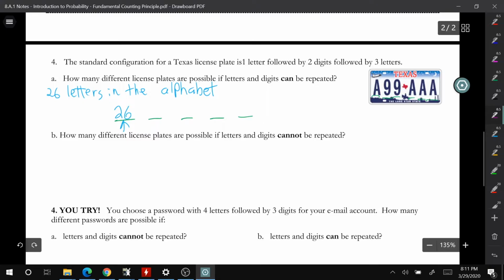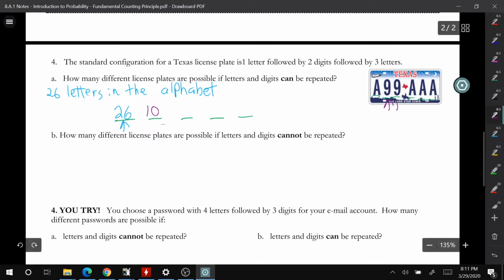Now the next part of the license plate has to be a number or a digit, so 0 through 9. A lot of people forget 0 could be a digit, so there's actually 10 different options there. You have the numbers 1 through 9 and then 0.